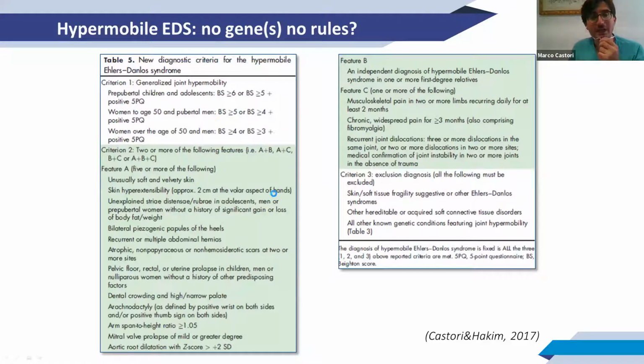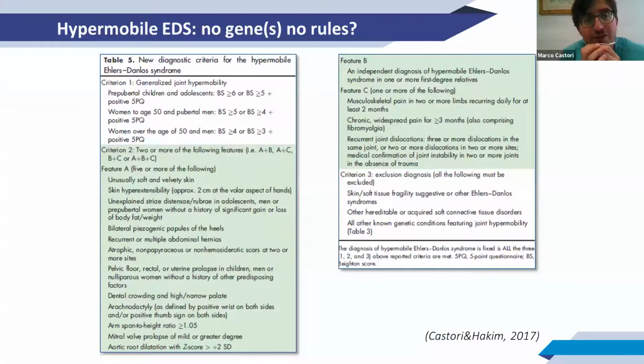Diagnosis of hypermobile EDS is possible only by the rigid, formal and critical application of the published diagnostic criteria. Again, the diagnosis of hypermobile EDS is a clinical diagnosis. Molecular testing is helpful only for differential diagnosis and for formalizing the respect of criterion 3.